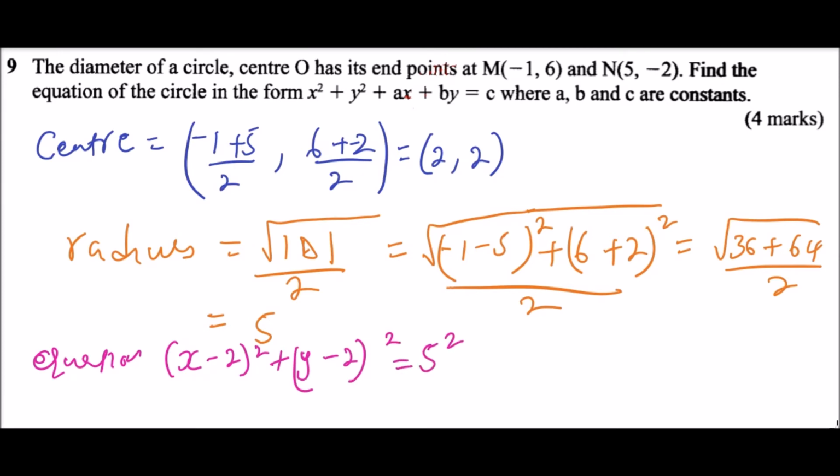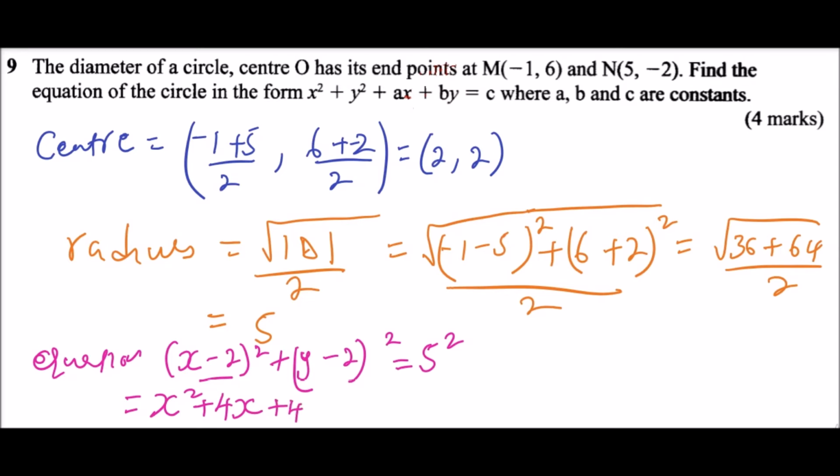That is the equation of the circle, and when you expand this you will be able to get x squared plus 4x. That is, you start by expanding x minus 2, x times 4x plus 4.